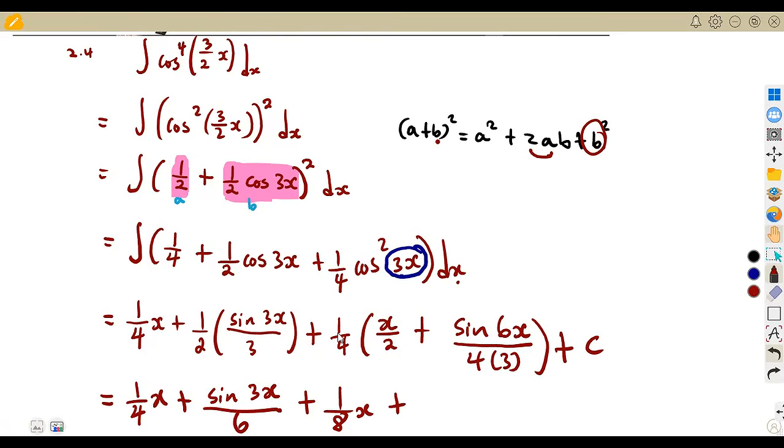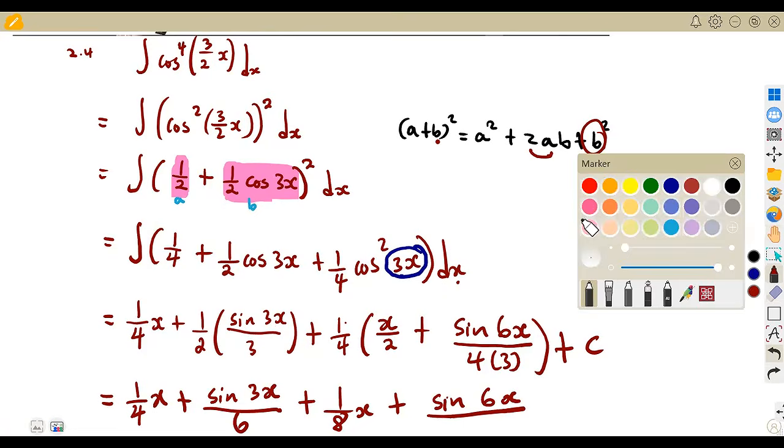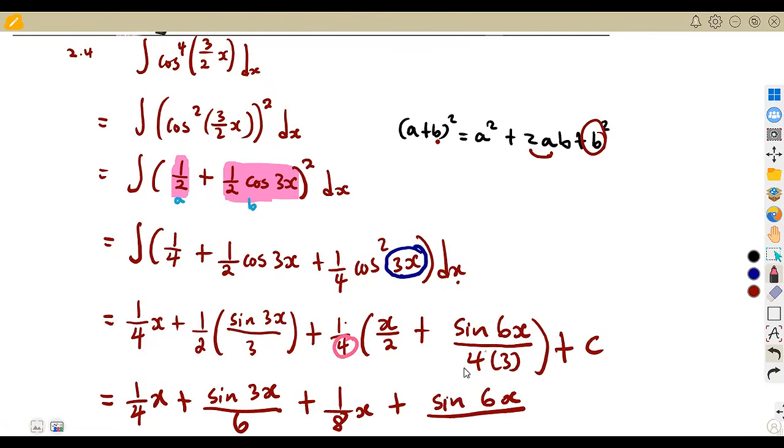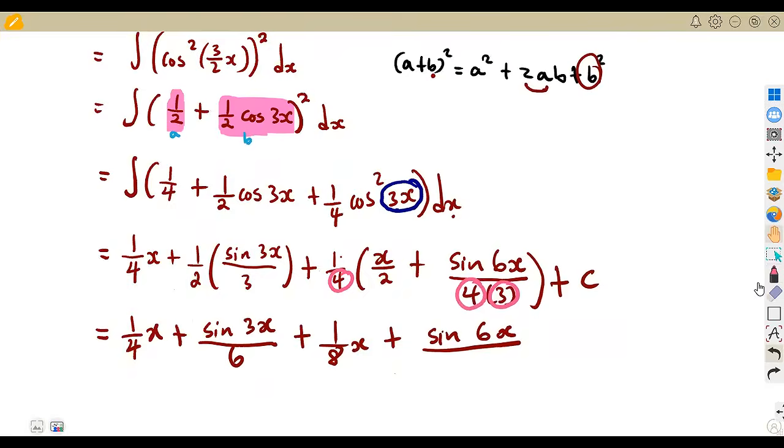Plus, you multiply numerator to numerator, 1 times sine 6x, over the denominators multiplied together, 4 times 4 is 16, and 16 times 3 is 48. Or just use the calculator at once.